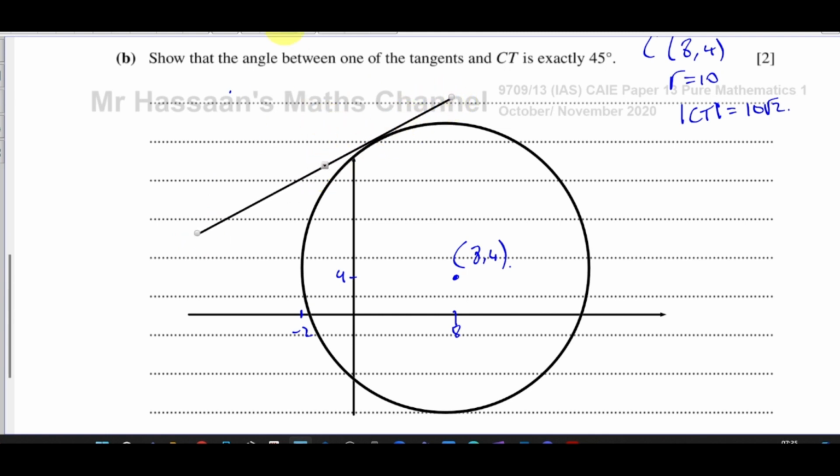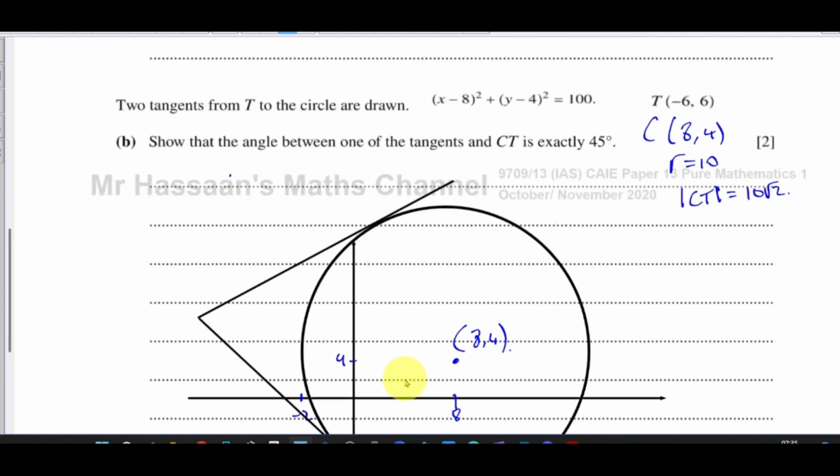There's another tangent on this side. Two tangents to the circle. And the angle between them is exactly 45, between those and CT. So that means the angle between these two must be 90 degrees, because when you have a circle and two tangents to the circle like this, and you draw a line between the point where the tangents start and the center of the circle, then these two angles will be the same.